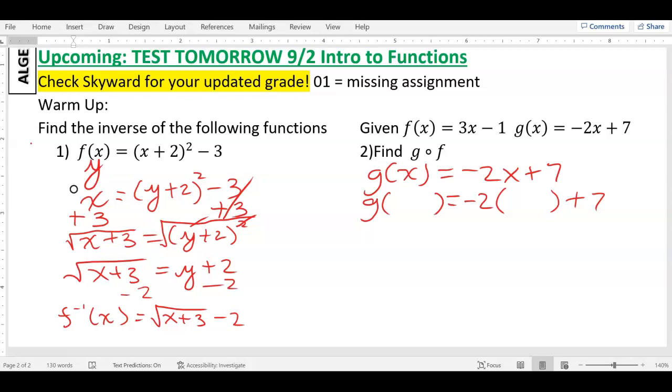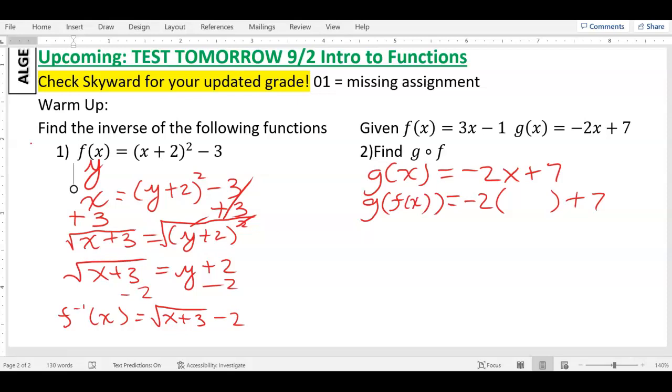And now, what am I going to put in those spaces? The second function. So we wrote G. The next function is f. F is going into G. So f of x goes into the first blank. F of x.